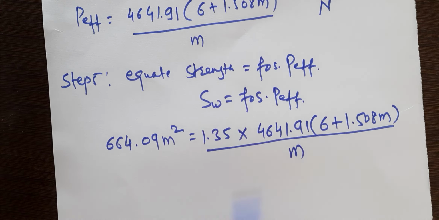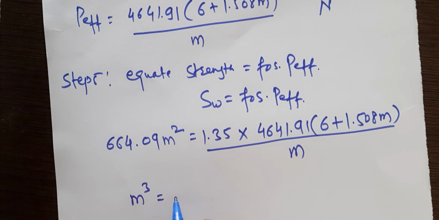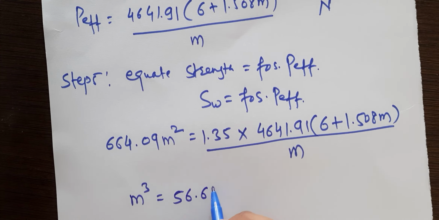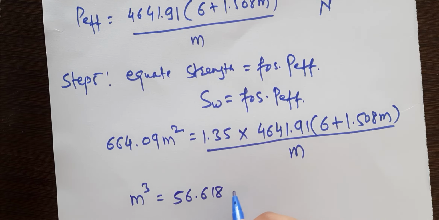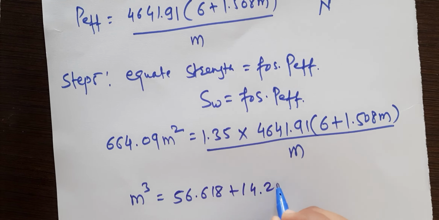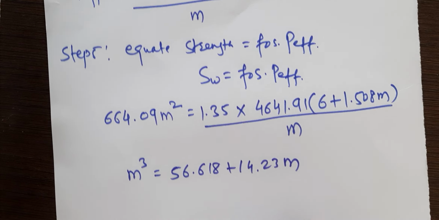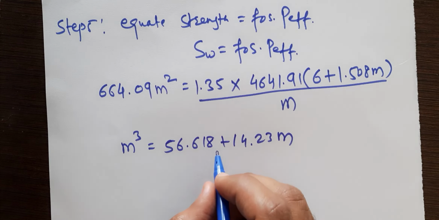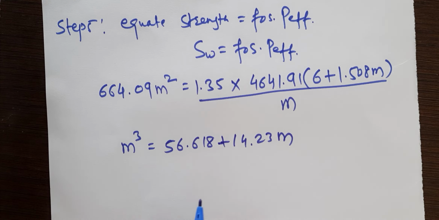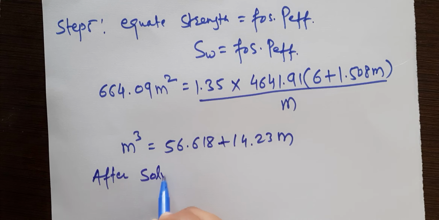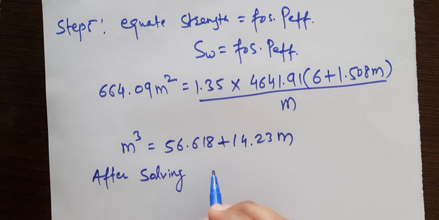After simplifying this equation you will get module cube is equal to 56.618 plus 14.23 module. This is the simplified equation. Then you can use your calculator to solve this equation easily. If you face any problem in solving, you can ask me later.